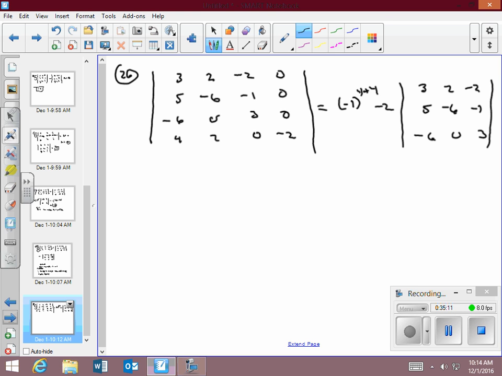What do you want to do with that? It wouldn't be too bad if we took the first row times 3 and added to second, would it? Then we could get that minus 6 to 0.